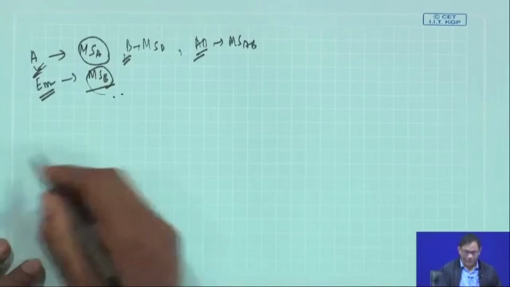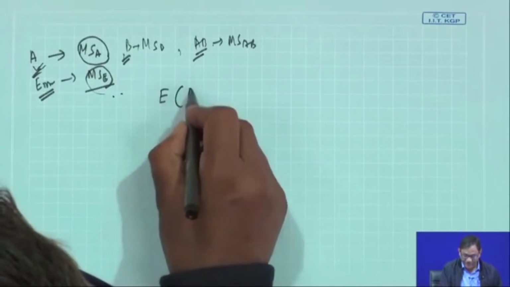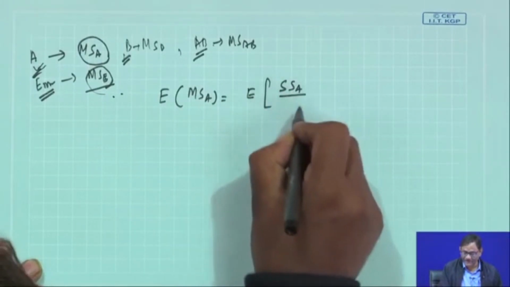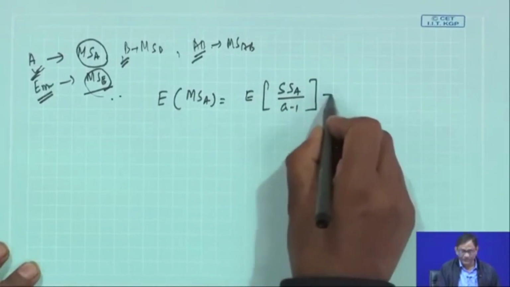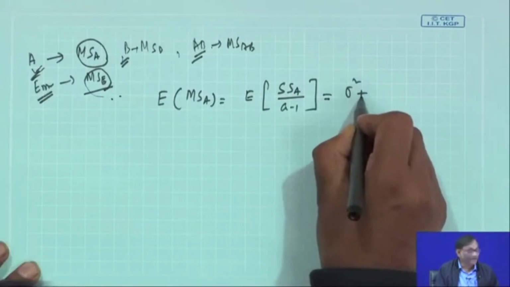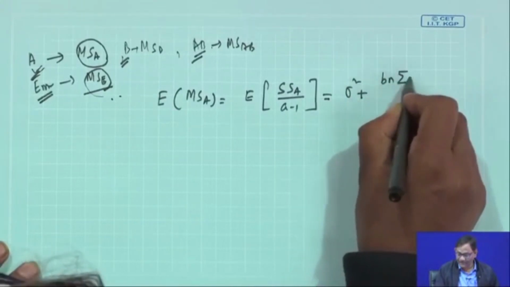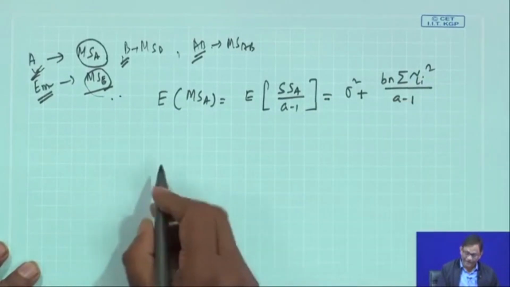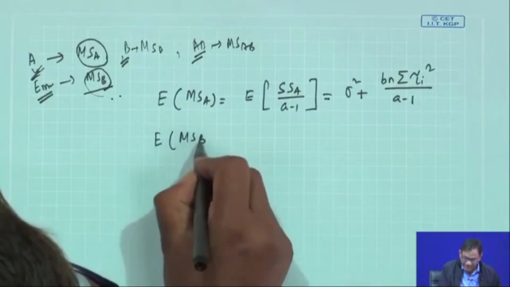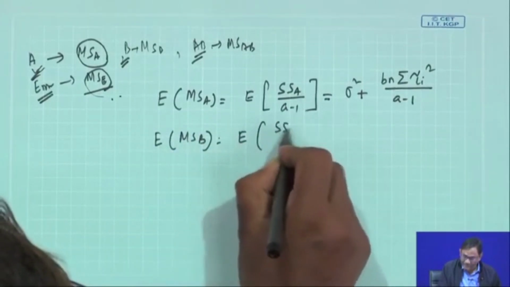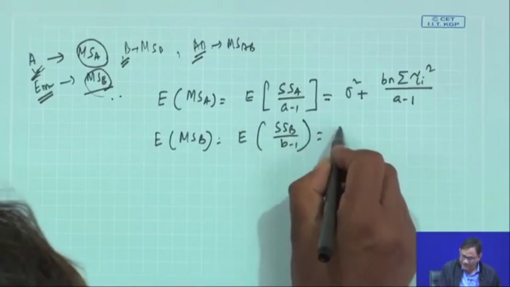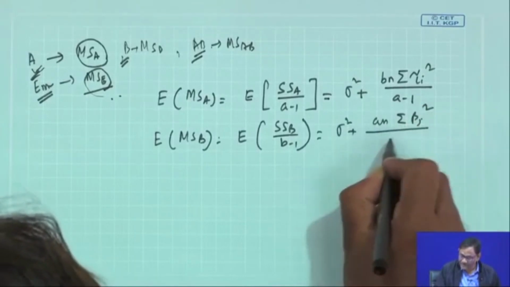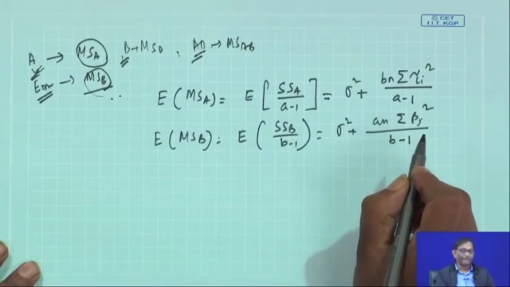As a result, the expected value of MSA, which is the expected value of SSA by a minus 1, becomes sigma squared plus bn sum of tau i squared divided by a minus 1. Similarly, the expected value of MSB, which is SSB by b minus 1, becomes sigma squared plus an sum of beta j squared divided by b minus 1.